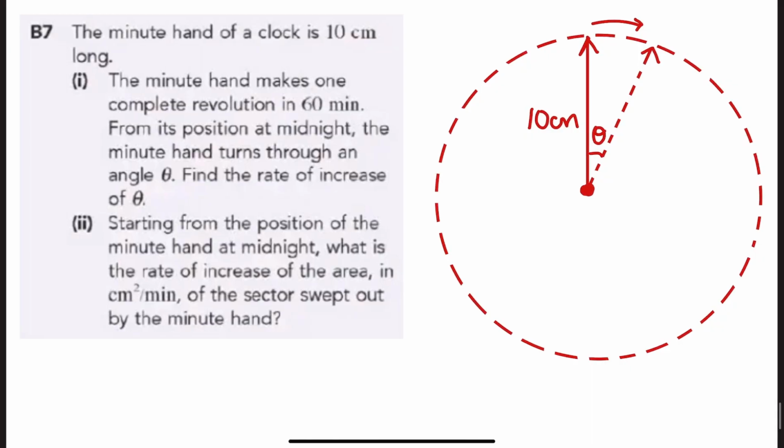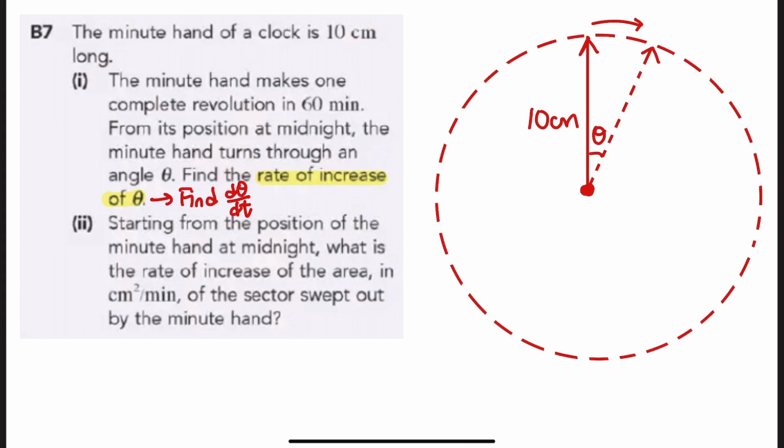Let me write it out clearly. The question wants you to find the rate of increase of theta. The question is asking you to find d theta with respect to time, meaning find the change in angle every second, for example. Or every minute, depending on whatever information we use.